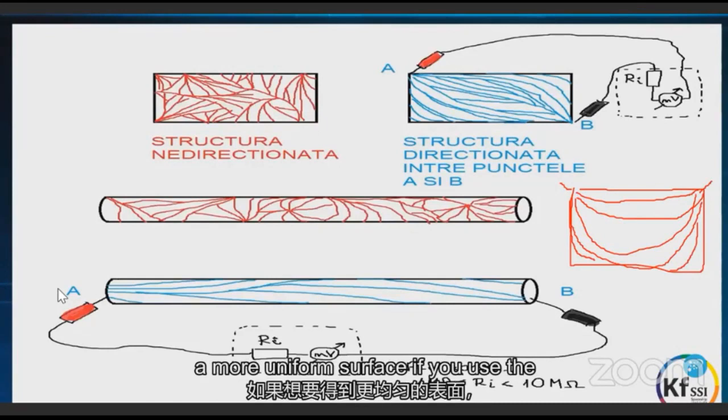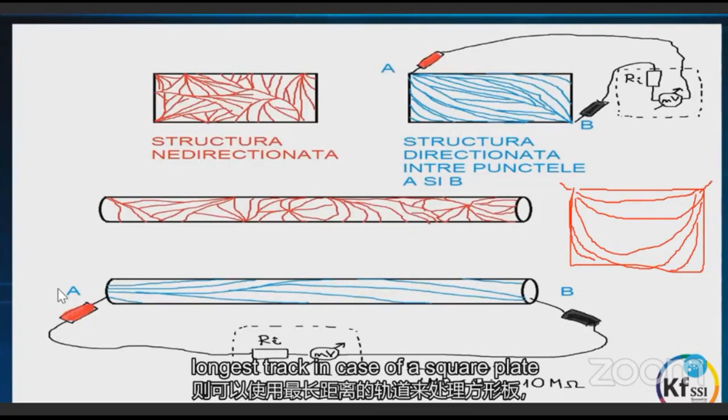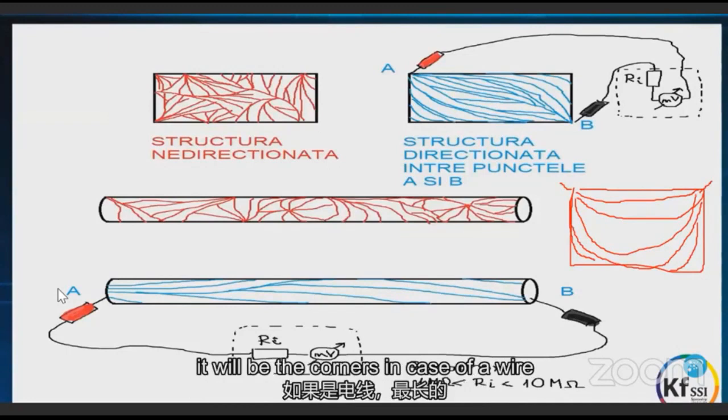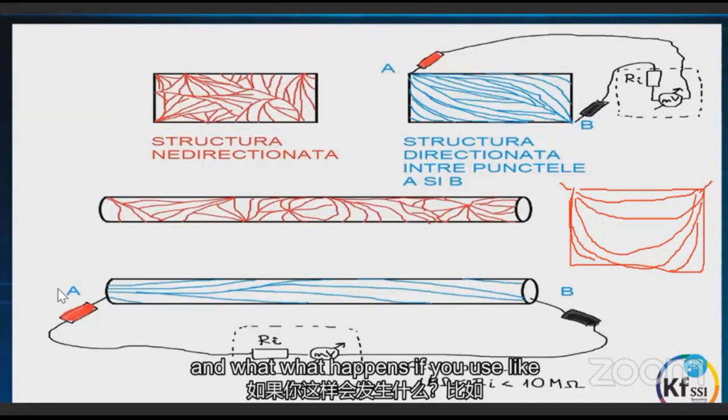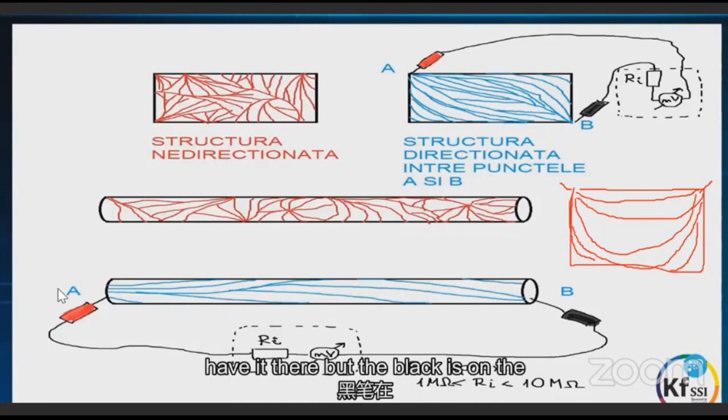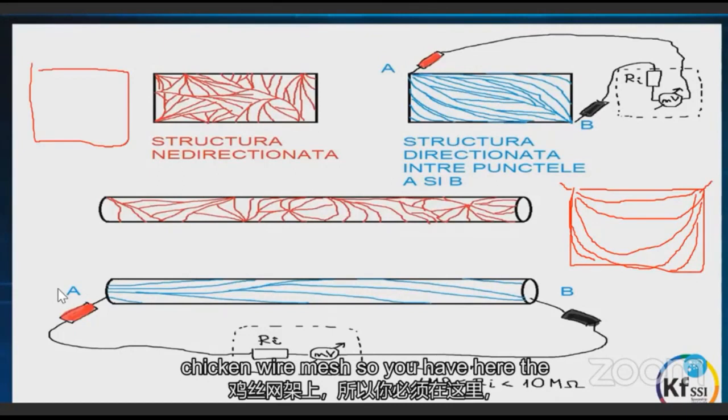So you get a more uniform surface if you use the longest track. In case of a square plate, it will be the corners. In case of a wire, of course, it will always be the two ends. And what happens if you use the upper corner for the red, like you have it there, but the black is on the chicken wire mesh?